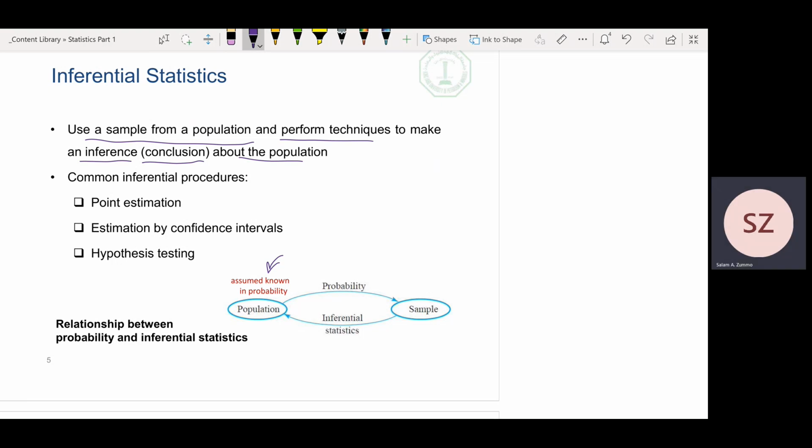Then from here I say, okay, what is the probability that if I take a sample they will be larger than 5 or less than 2. All the problems that we solved in probability, right or not? How do I find the probability that the population is larger than 50 years old? By using the PDF and integrating the PDF from 50. Right? But who gave me this PDF? I assume that I have the population and everything that I know about the population.